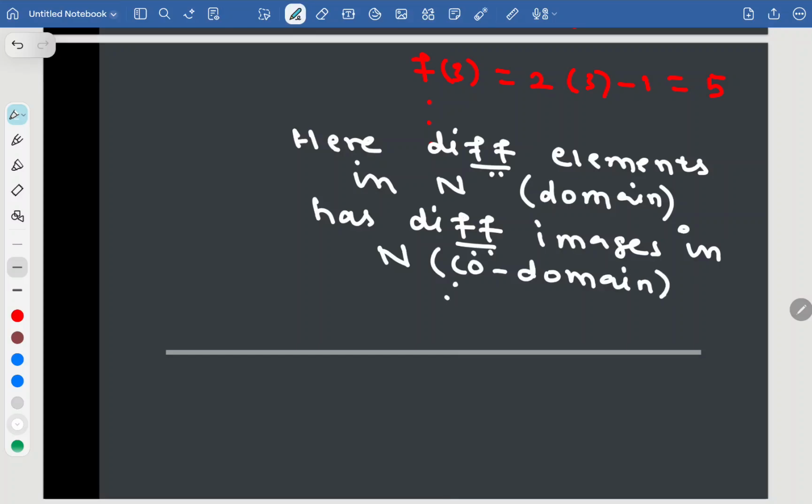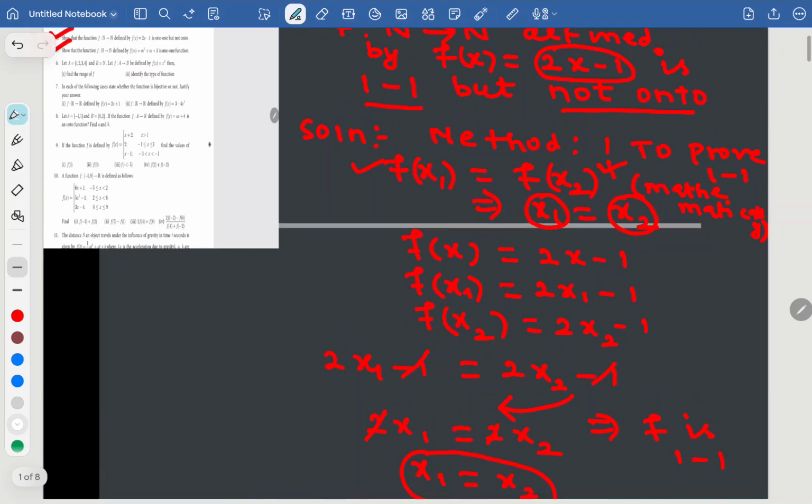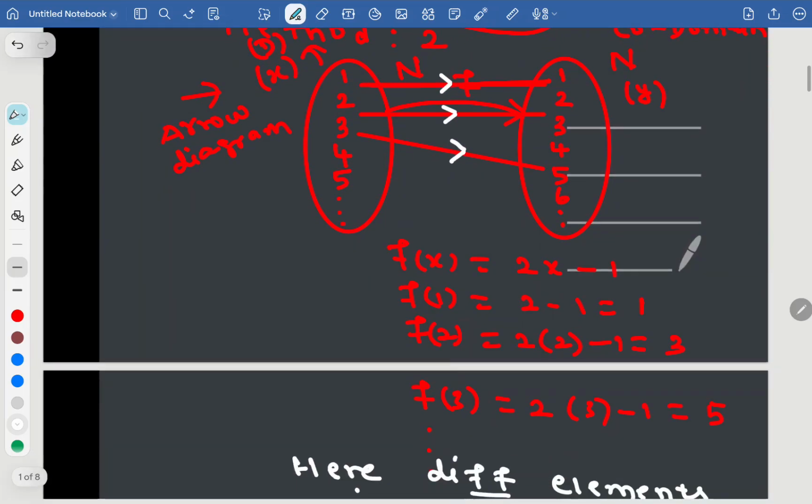Codomain. Therefore, f is one-one. But you have to prove one-one but not onto. See, in codomain 1 has pre-image 1, 3 has pre-image 2, 5 has pre-image 3, but 2 does not have any pre-image, 4 does not have any pre-image, 6 does not have any pre-image.